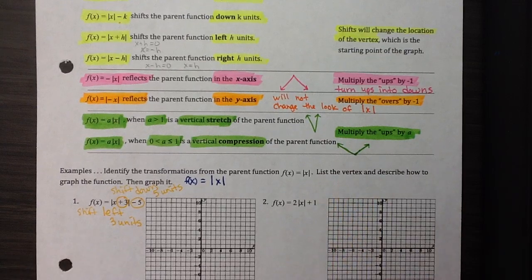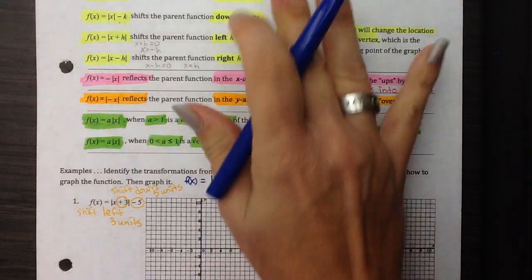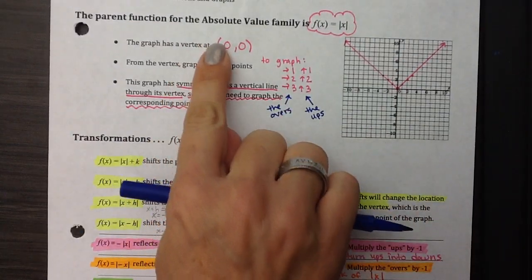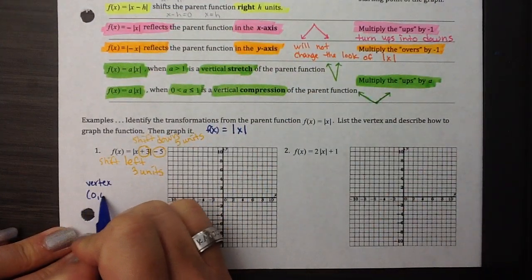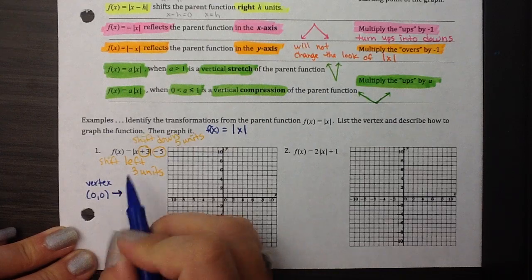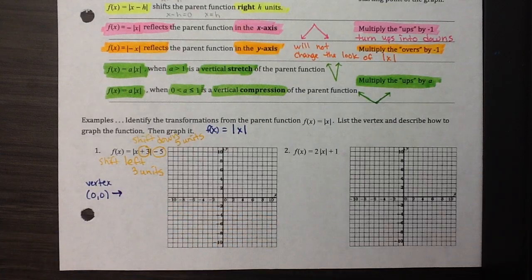The second part is I'm supposed to say where the vertex is. Well, the vertex normally starts from where? Normally the vertex starts at 0, 0. So my vertex starts at 0, 0, but then it's going to do this shifting.